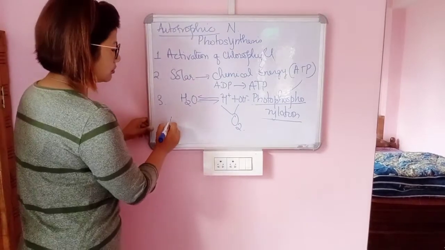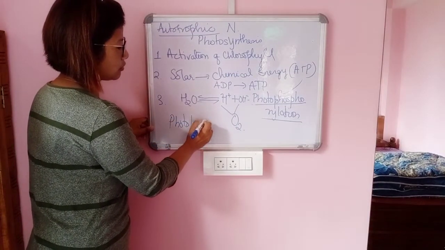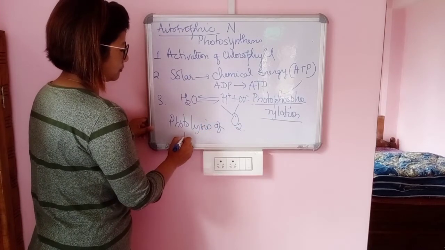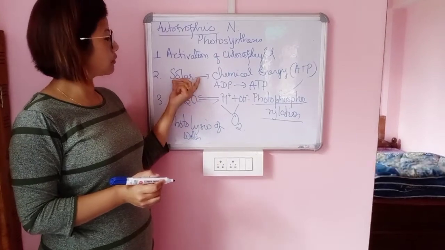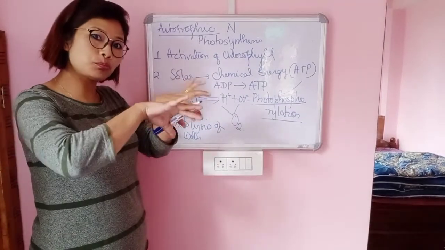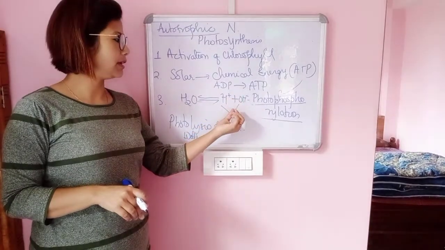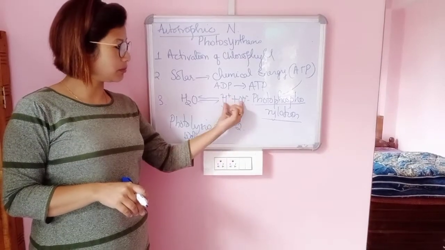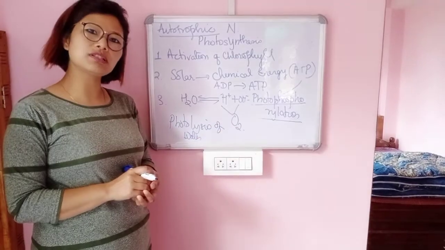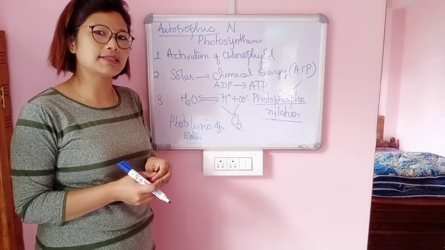This is called photolysis of water. Photo means with the help of solar energy. Lysis means to break. Water breaks, okay, and it produces ions, and from here what is produced? Oxygen is produced, and you know oxygen is the byproduct of photosynthesis.